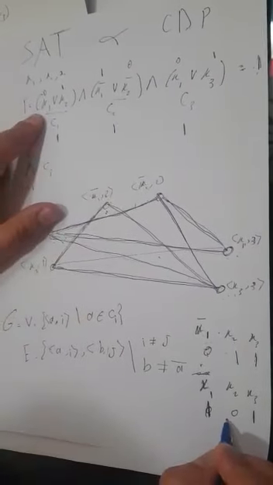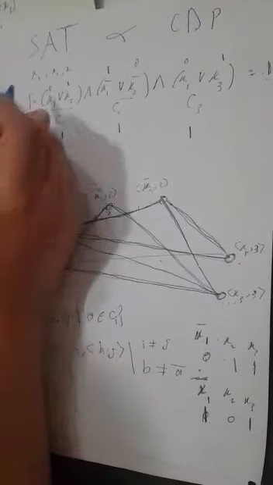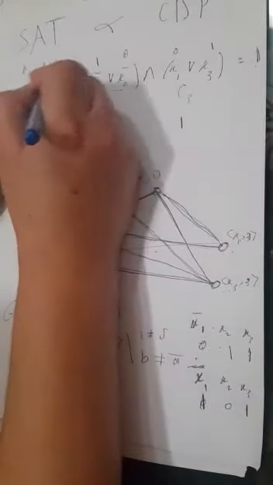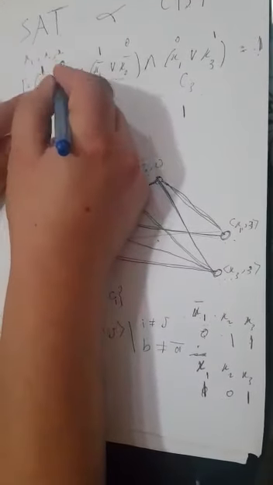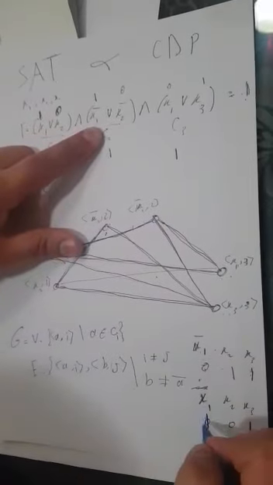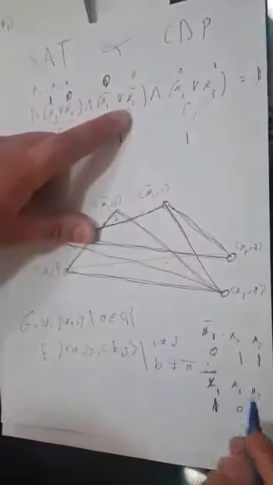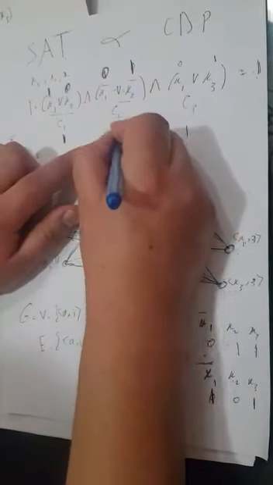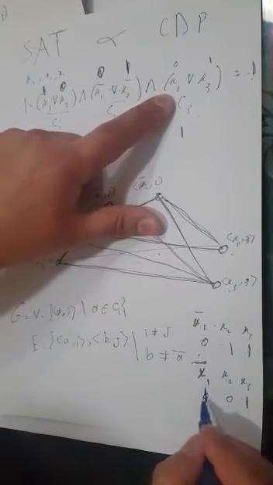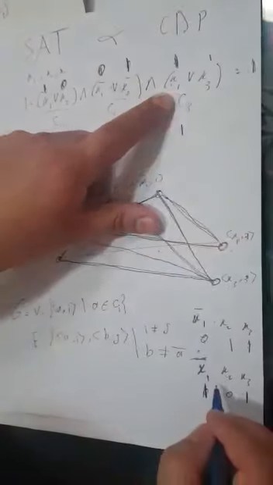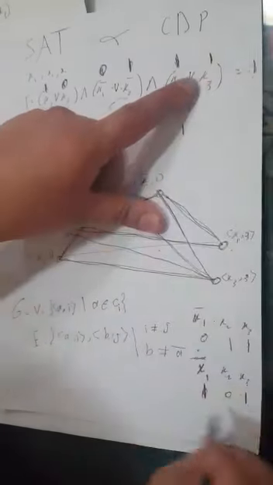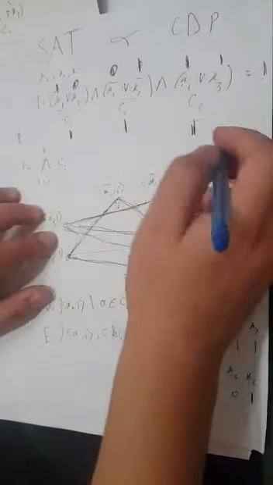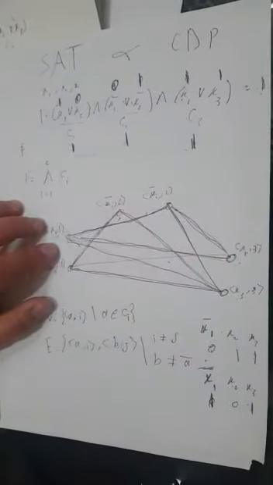values on our formula. So x1 will be 1 or x2 0, so the result will be 1 or 0 is 1, and x1 dash, because x1 is 1, will be 0, x2 dash will be 1, so 0 or 1 will be 1, and x1 is 1 and x3 is 1, so 1 or 1 also is 1, so 1 and 1 and 1, the result will be 1.